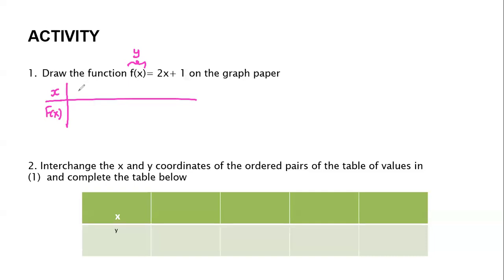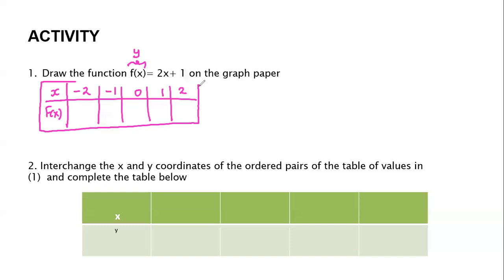Now our x, it is always good practice to have some negatives and some positives. So I'll start from -2, -1, 0, 1, and then 2. It is up to you to start and end wherever you want, because here they have not restricted the values of x your function can take.